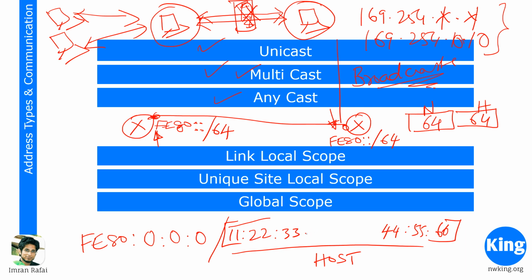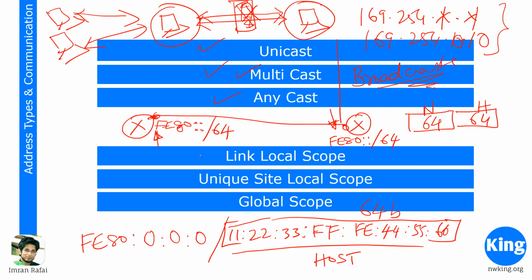How it generates the host part is, it takes the MAC address and breaks it into two. So you have six hexadecimal digits on the left and six on the right, and in between it adds FF and FE. It creates a 64-bit block for the host part of the IP address. Now you know this part, 11:22:33:44:55:66, is a MAC address, and a MAC address is unique for every device.